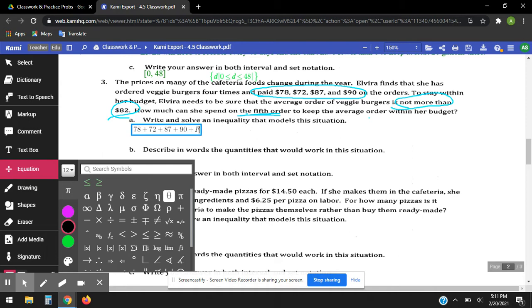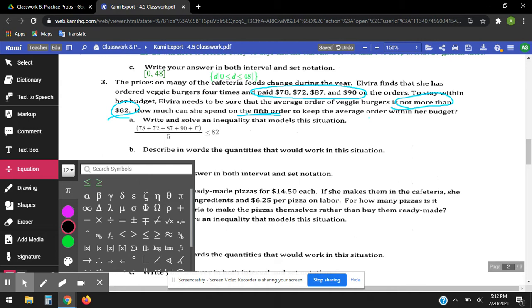So we'll just do F for 5th order. And then all that needs to be in parentheses, because once we do that, we need to divide by 5, right? Because that's what average is. We add everything up and then we divide by 1, 2, 3, 4, 5 things. And then she said it has to be not more than, which means this has to be less than or equal to $82.